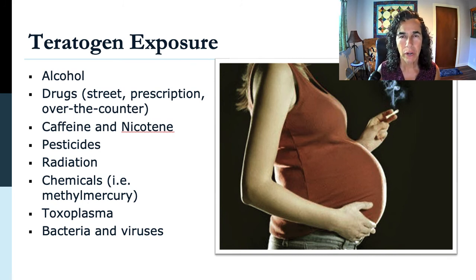Attention issues, self-regulation issues, learning disabilities, things like that. Also, children who are born drug addicted or drug influenced tend to be small for gestational age, so they tend to be littler kids. Prescription and over-the-counter drugs, however, can also be problematic.